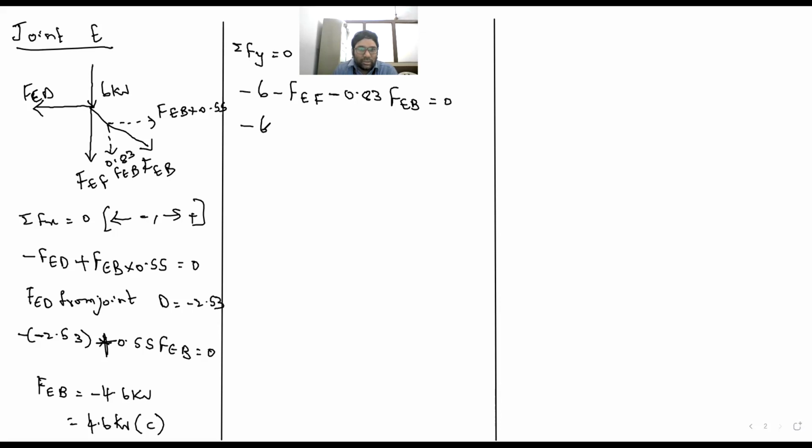So minus 6 minus FEF minus 0.83 into minus 4.6, we already got this value from the previous step, is equal to 0.